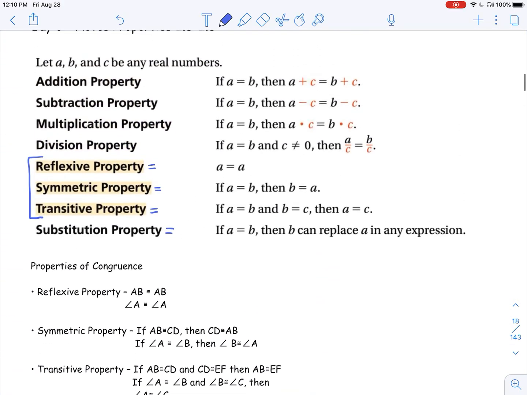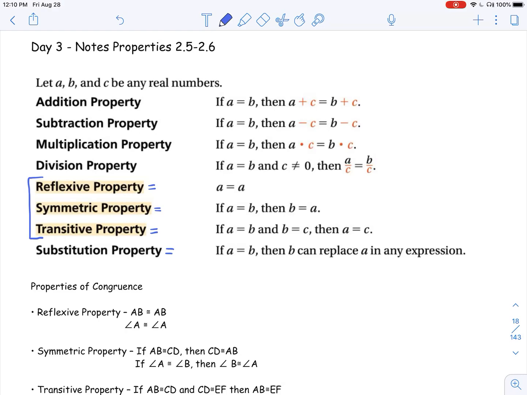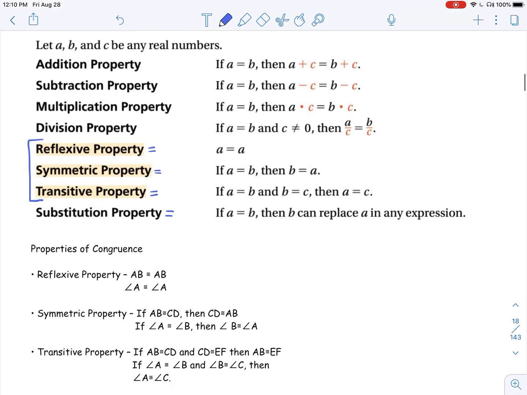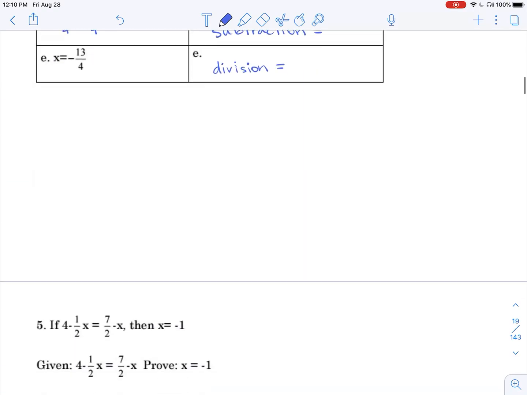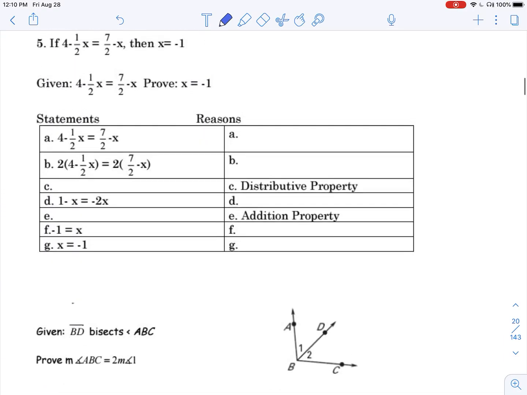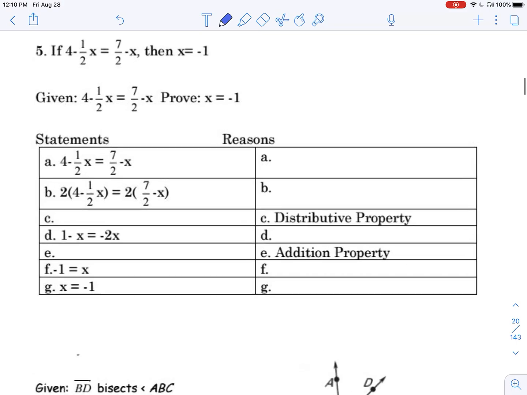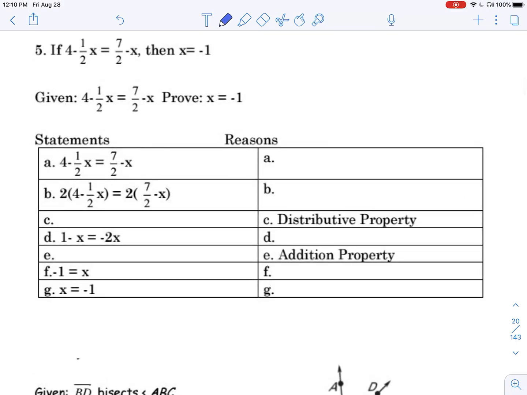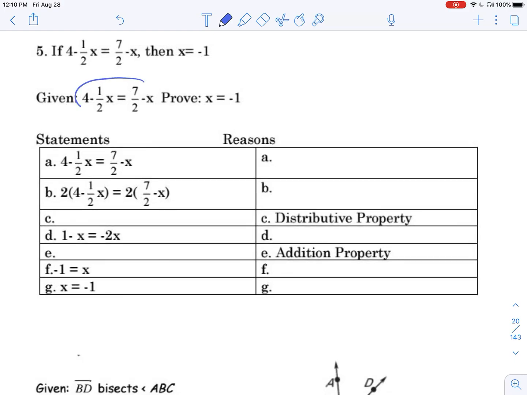All right, so remember that these lists are up here. You're always welcome to come back and look at these as a review. So we've got, let's see, 2 more proofs for today. Our first is always going to be our given. Notice that it is right here. And now we're just going to follow the math.